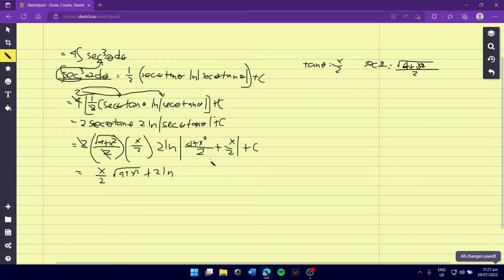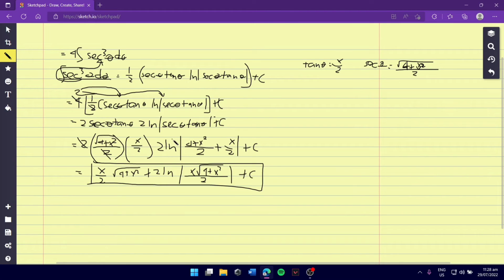This will become one term, so let's put x first, so this will become x plus the square root of 4 plus x squared, and then this will become over 2, and then your arbitrary constant, which is c. So now we have your final answer for our type 1.